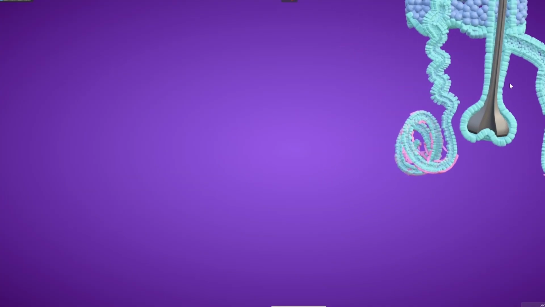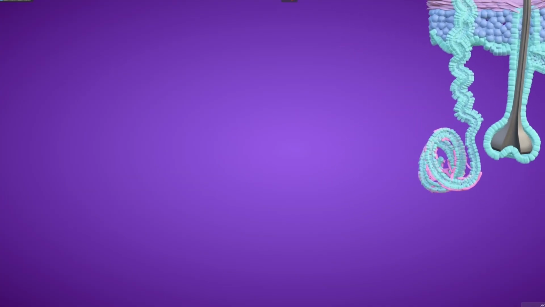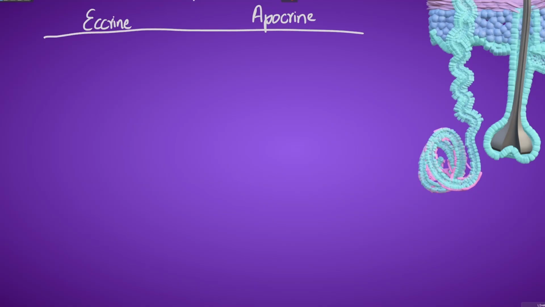But before concluding the lecture, I would like to tell you a few differences between the eccrine and apocrine sweat glands. Bear in mind that these differences are not very important from the embryology point of view, but for the sake of concept, histology and general basic medical science knowledge, you must know at least some differences.